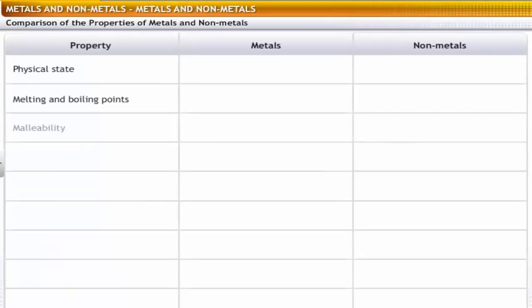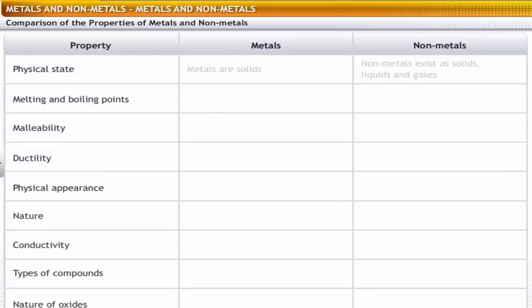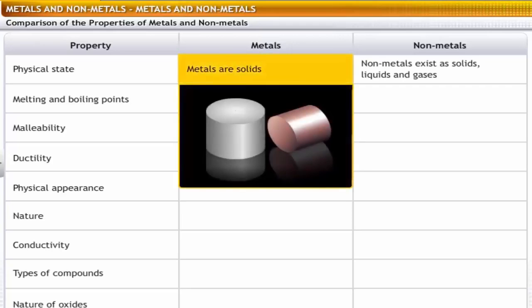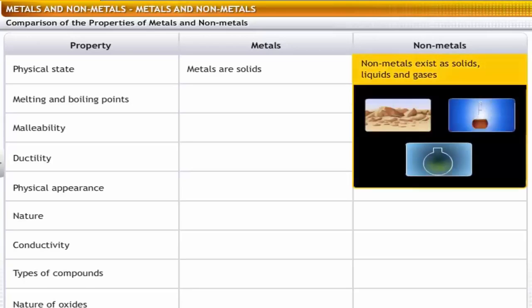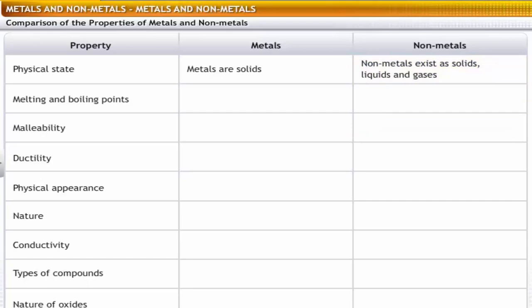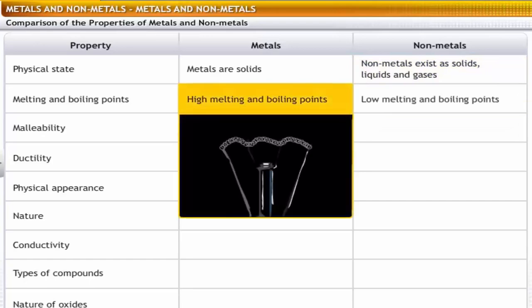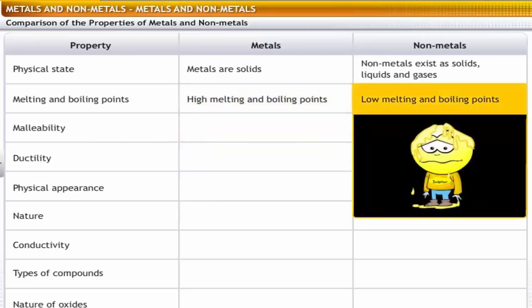Metals and non-metals exhibit a number of differences in their properties. Some of these important differences are: metals are generally solids, but non-metals may exist in solid, liquid, or gaseous states. Metals have very high melting and boiling points, unlike non-metals.